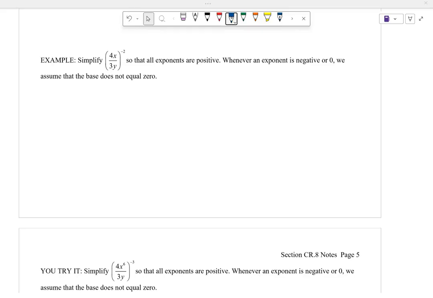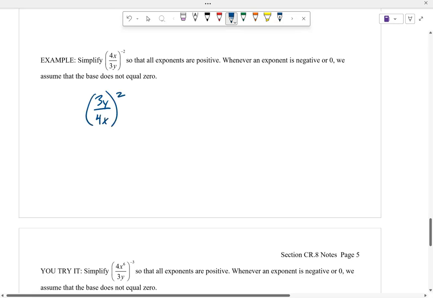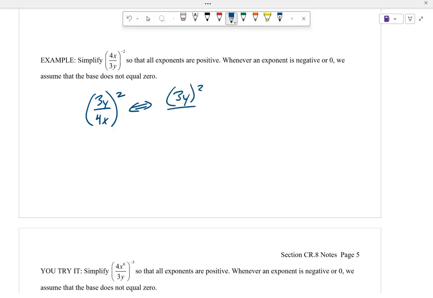Here we've got 4x over 3y to the negative 2. Let's do this one. Notice that rational expression there is to a negative 2. So I'm going to flip that and make it to a positive 2. We could do that too, right? And then we've got 3y being squared, 4x being squared.